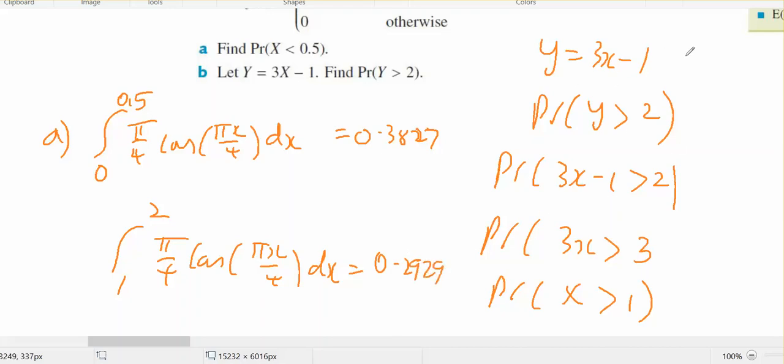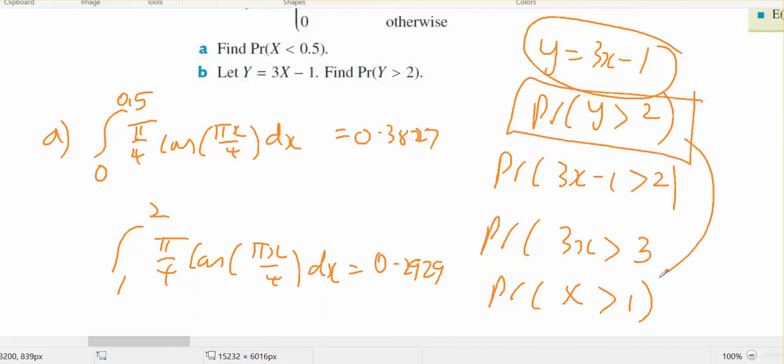So I turn my linear combination of y equals 3x minus 1, then y bigger than 2 became the same as a probability of x is bigger than 1.